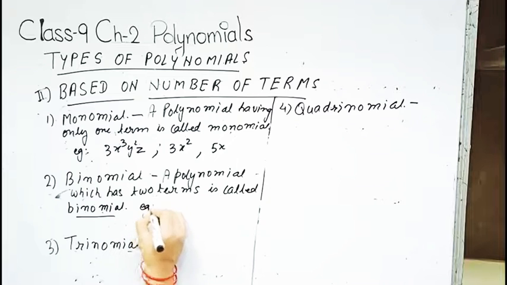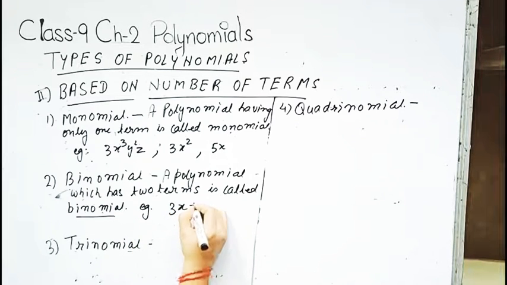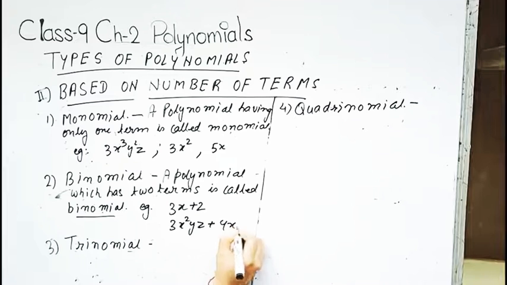For example, 3x plus 2. Another example, 3x square y z plus 4x. Two terms. You can give any number of examples. If the number of terms is 2, it is a binomial.